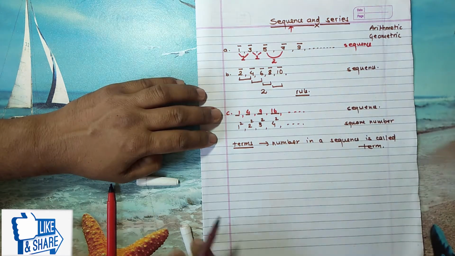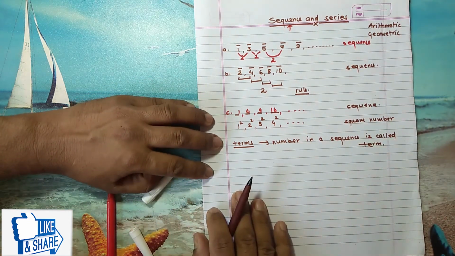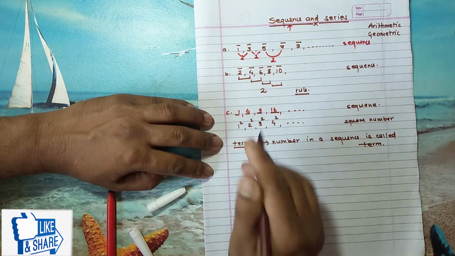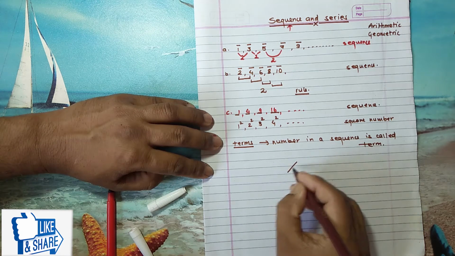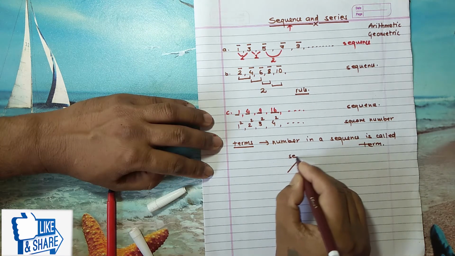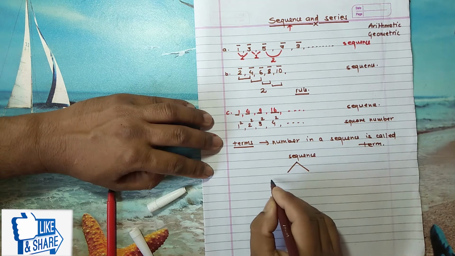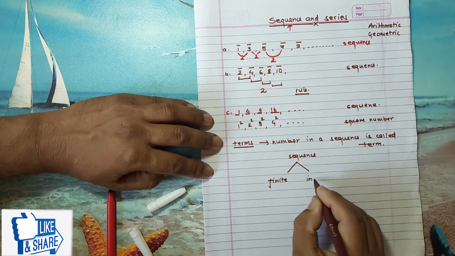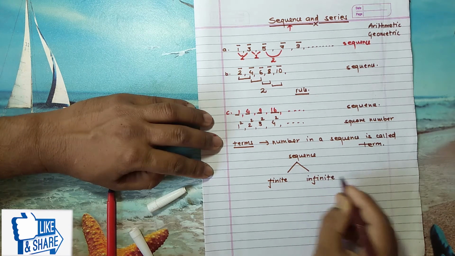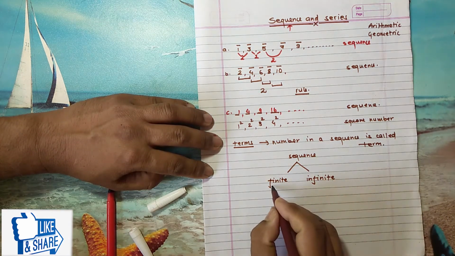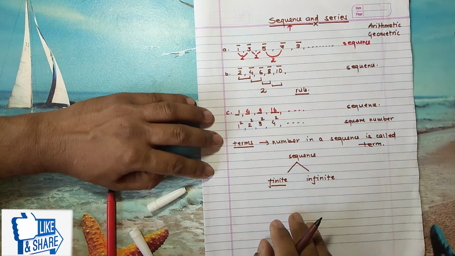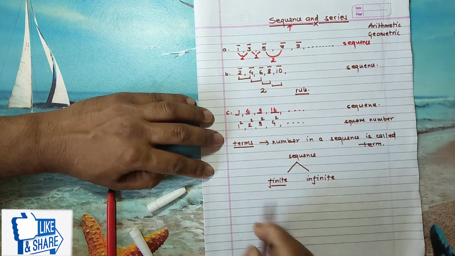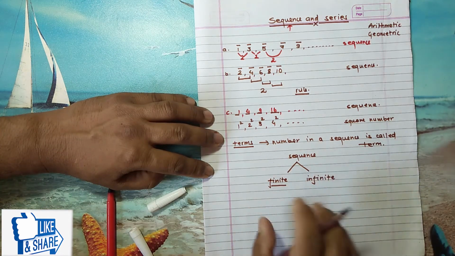Now as we discussed just now, according to the number of terms, we have 2 different types of sequence. The first is finite sequence and the second one is infinite sequence. Finite sequences are those sequences in which the number of terms is defined, constant, fixed.